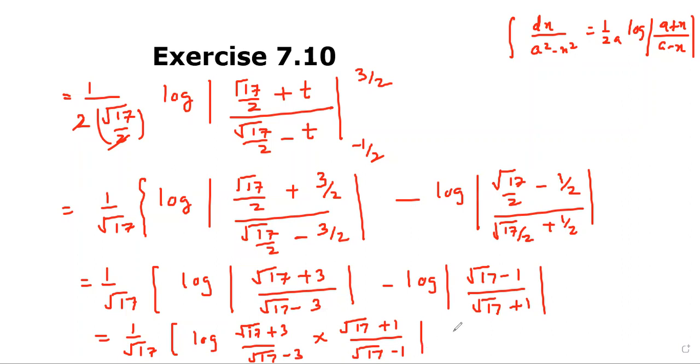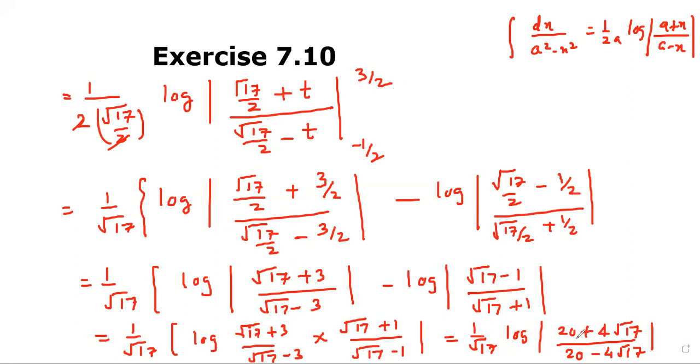So it will become 1 upon root 17 log of 20 plus 4 root 17 divided by 20 minus 4 root 17.